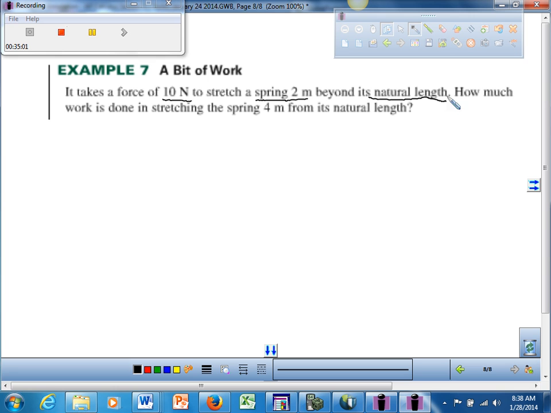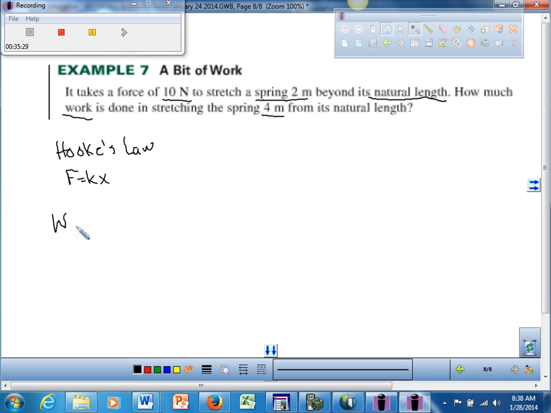When we talk about springs and force, we need to think about Hooke's law, which is force equals some constant times the displacement. X is the displacement, F is the force. And then it says how much work is done in stretching the spring over 4 meters.